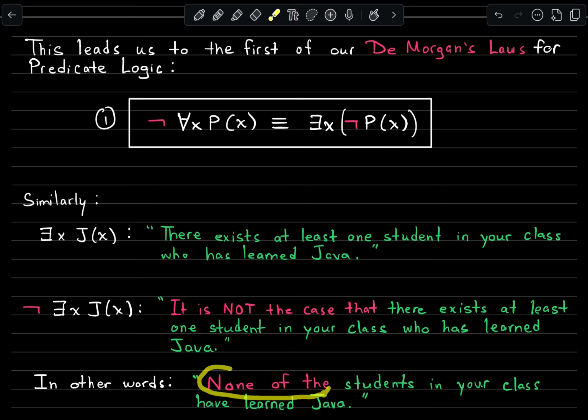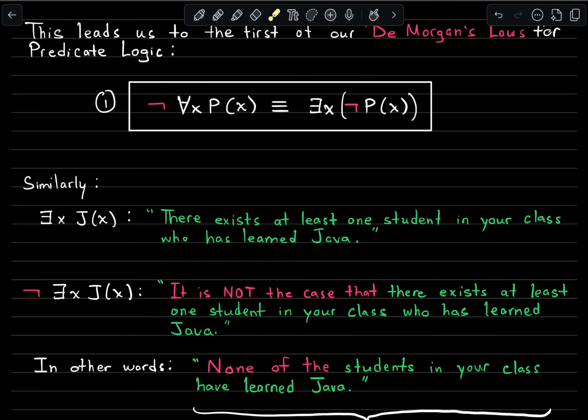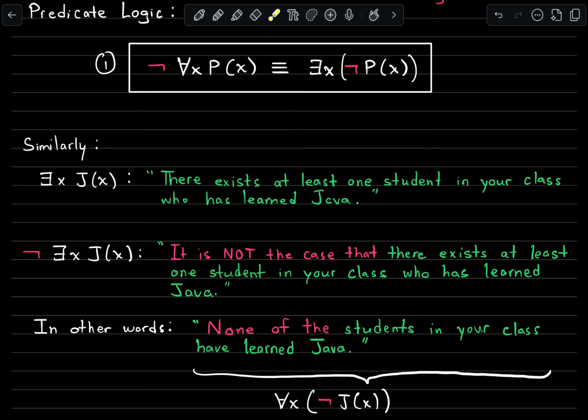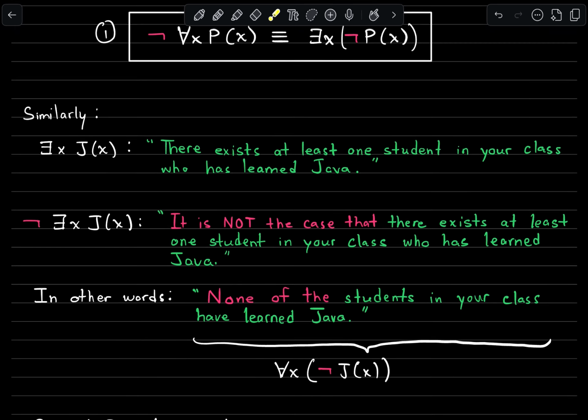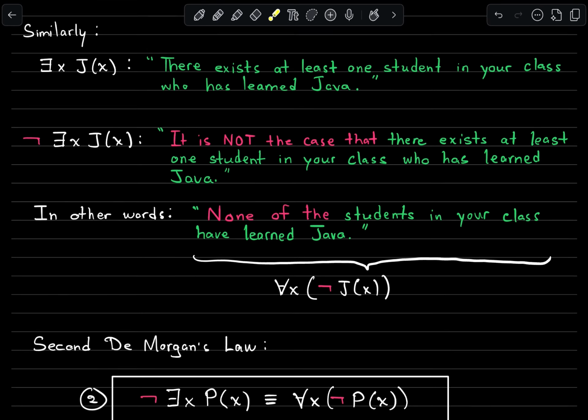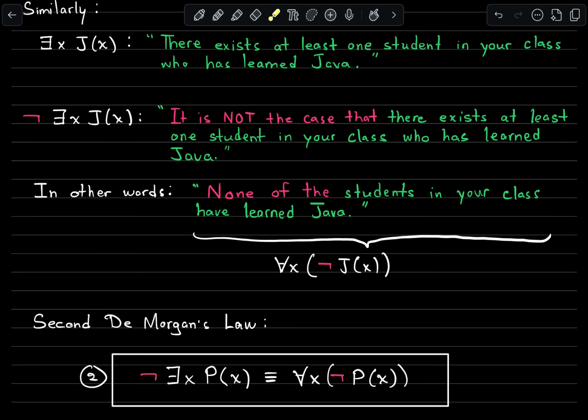In other words, none. That one we can rewrite as for all x, not J is true, or the negation of J is true. Okay, so our second law is the negation of the existential quantifier of P of x is equivalent to the universal quantifier on the negation of P of x.